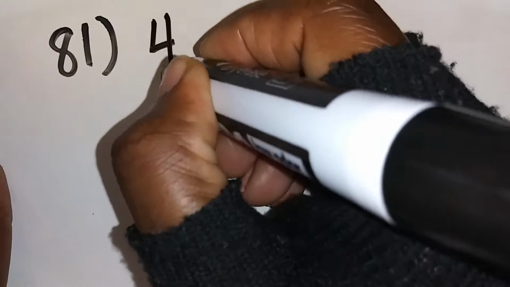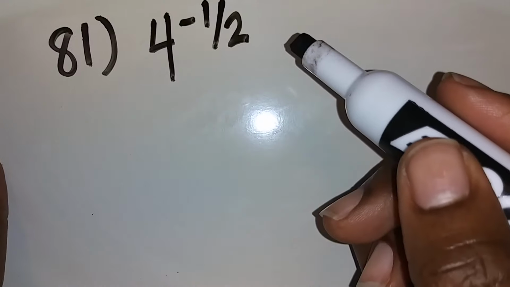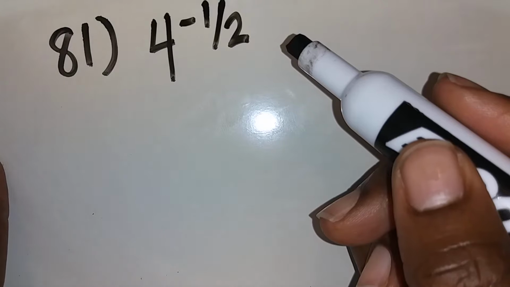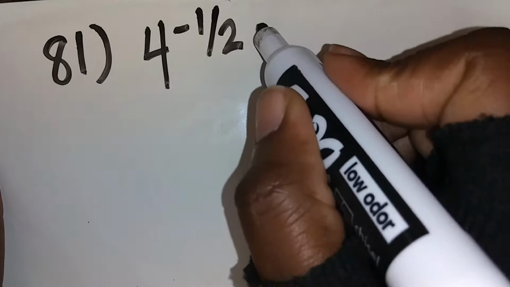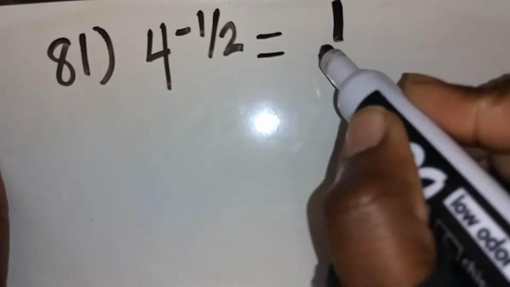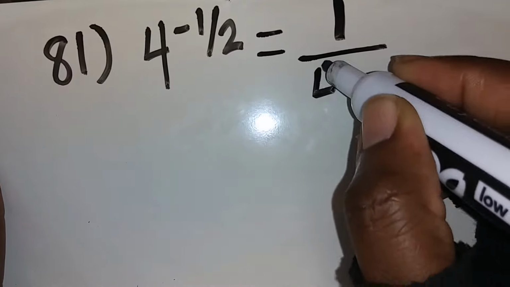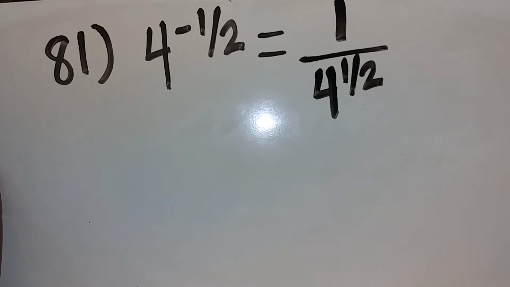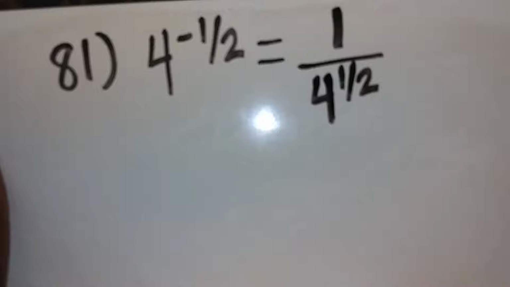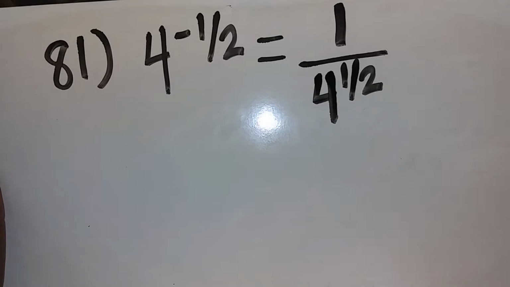We have 4 to the negative 1/2 power. Now, I don't want to write it in radical notation yet. I want to get rid of that negative sign and then write it in radical notation. So I'm going to write 1 over, my base is 4, and my exponent is now positive 1/2. So again, I moved it across that fraction bar so that exponent can become positive.